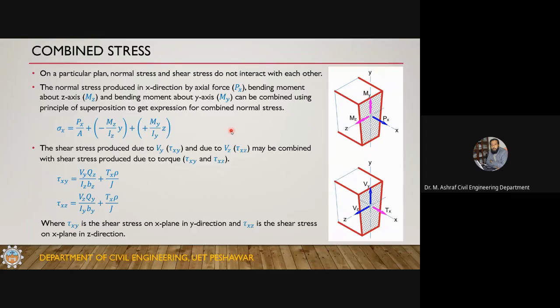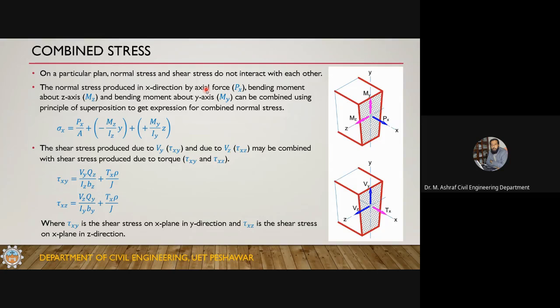Now coming to the combined stress. Combined stress, as the name indicates, is a combination of multiple stresses. And I've written a statement: on a particular plane, normal stress and shear stress do not interact with each other. This we'll talk about later on, while discussing stress transformation, because in some other plane they may interact with each other.